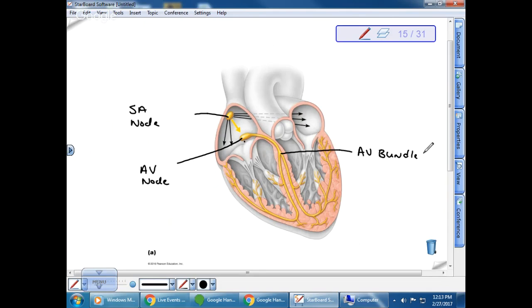There's a wall, a septum, that takes it to the bottom of the heart. And so then these little fibers right here that innervate the heart are called the Purkinje fibers. So that is all intrinsic conduction.